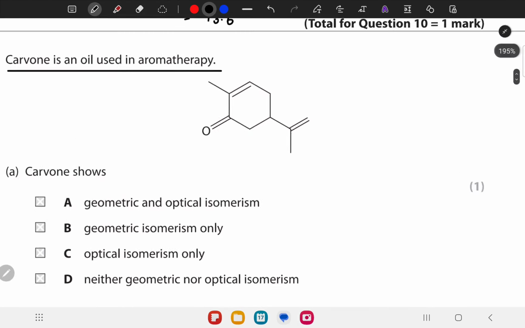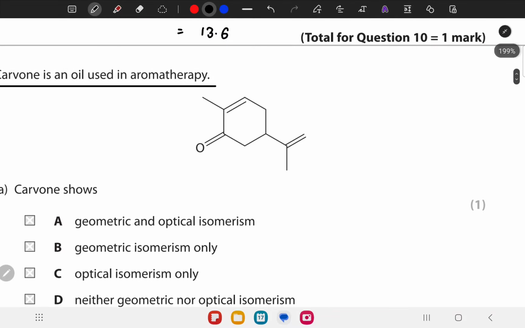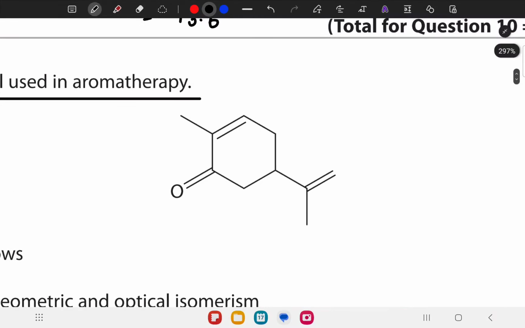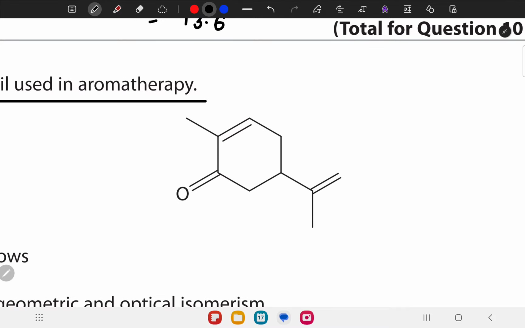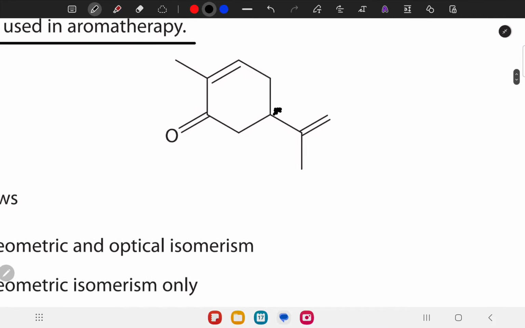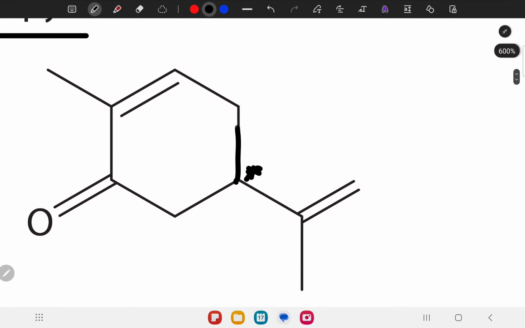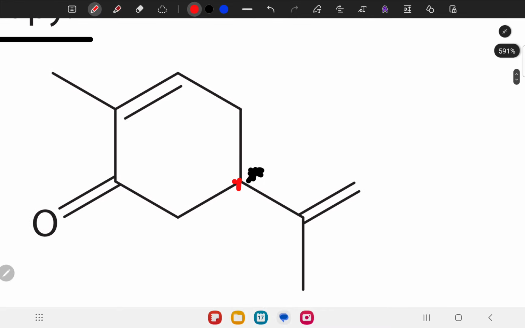If we search for a chiral center for the optical isomer, this is a chiral center, since we have this group on one side of it, this group on another, this group on another, and a hydrogen.